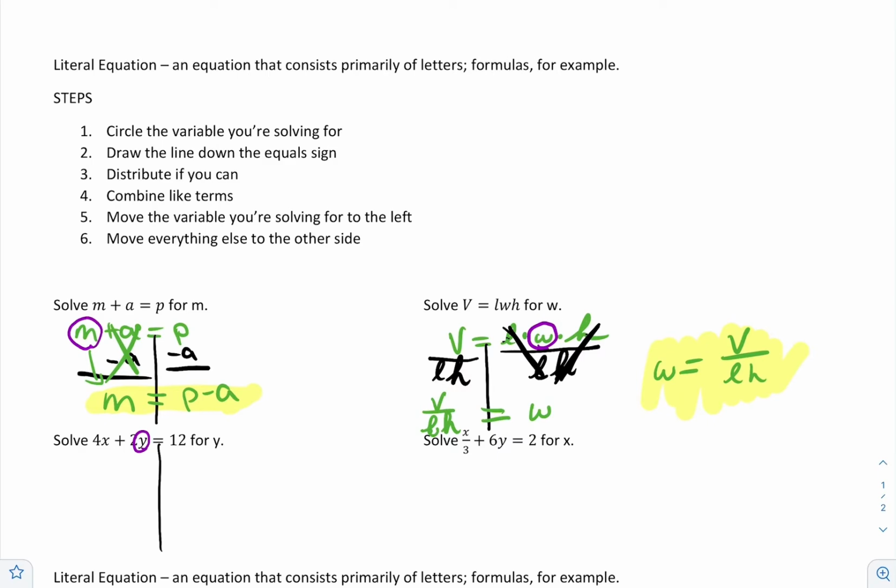And from here, what we need to recognize is that on this left side, the y is attached to the 2y, right? So we're going to deal with this term last. Let's go ahead and take care of the 4x, right? Since it's being added to the 2y, let's go ahead and subtract.